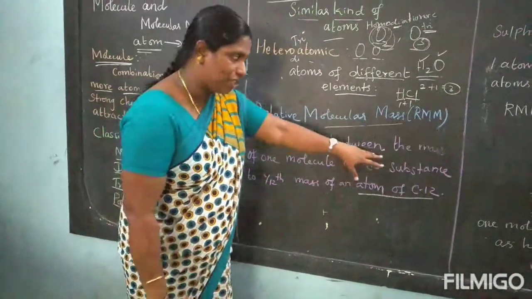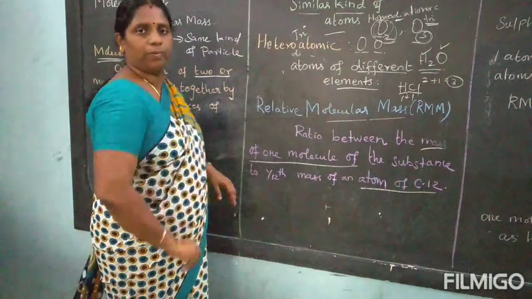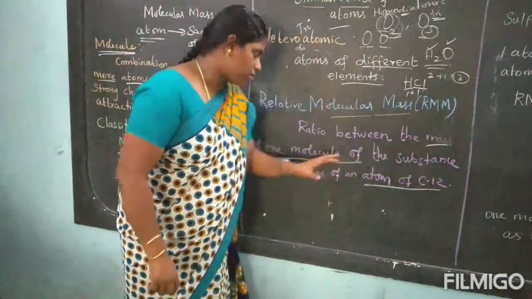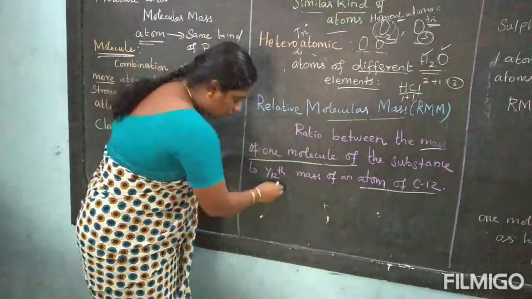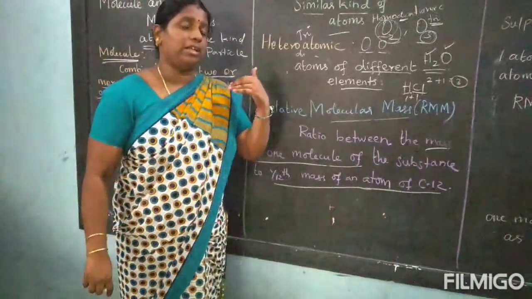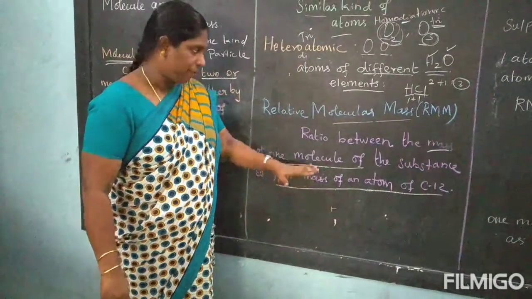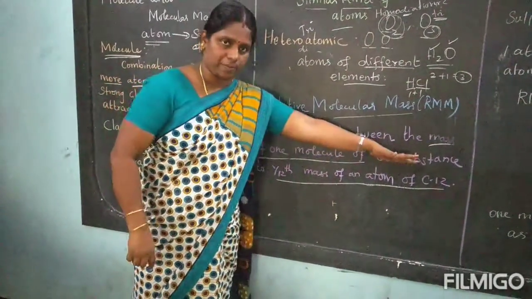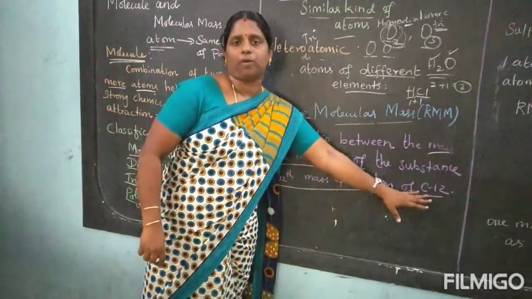It is a ratio between the mass of one molecule of the substance and 1/12 the mass of an atom of carbon. You may have already learned this in relative atomic mass, the same concept.